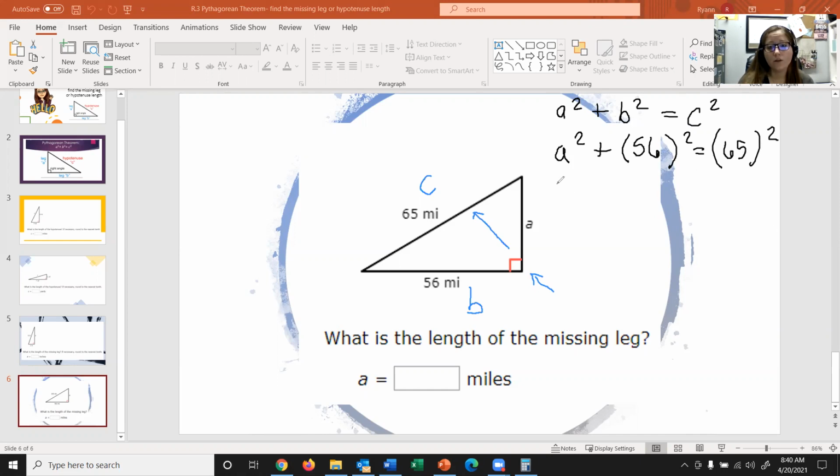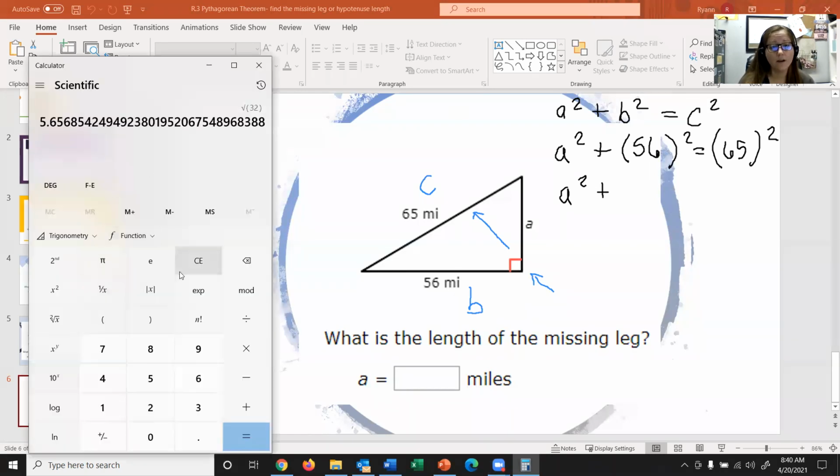Now we're going to solve using the same steps. We're going to say a squared plus, if you take 56 and you square it, or multiply it by itself, we could either hit this with the square button, or we could say 56 times 56.